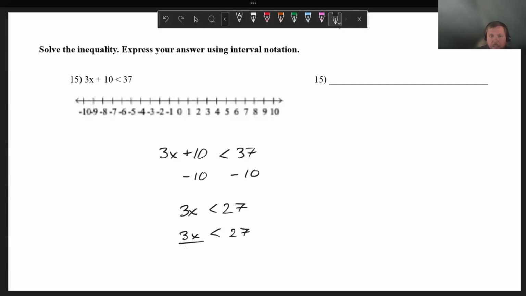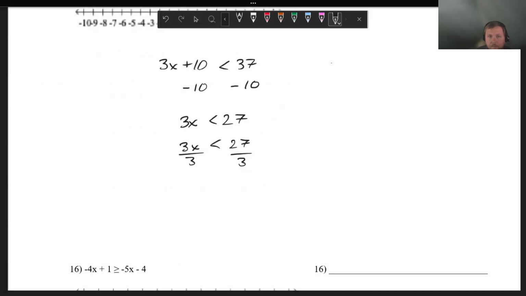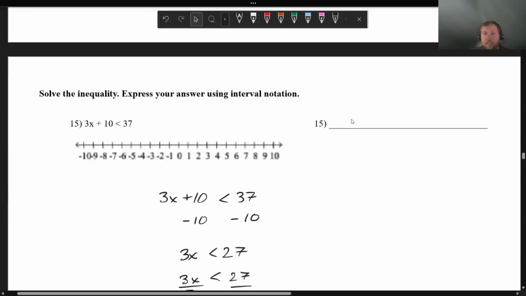It's a positive number, so the direction of the inequality symbol stays the same. So I have x is less than 9. So then in interval notation, I have negative infinity up to 9, and it's not inclusive on anything.